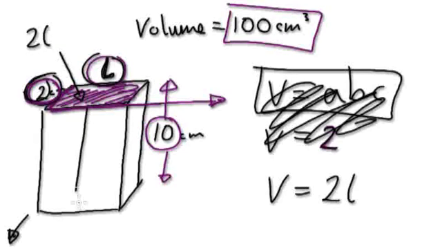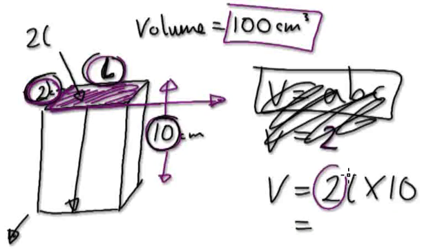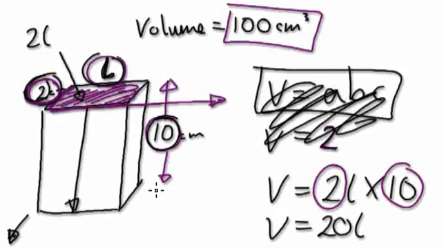Okay, now drag it down here. So we've got to times it by the depth, which is 10. Now let's get 2, merge it with the 10 here. So that will be 20L. So the volume of this chocolate bar here will be 20L, whatever the length is.